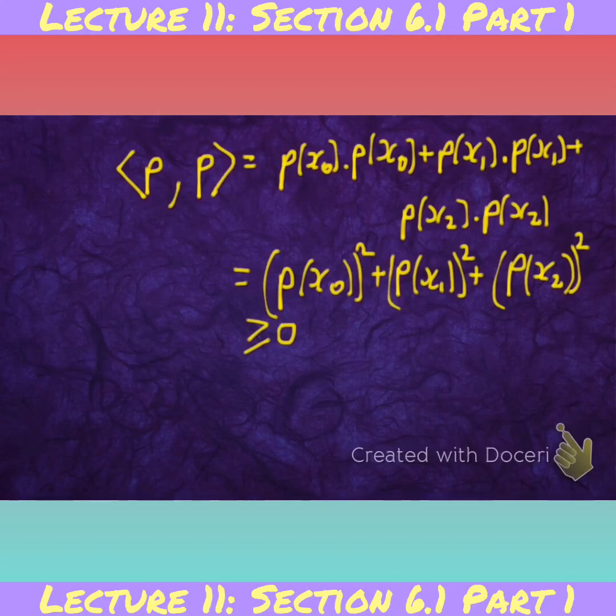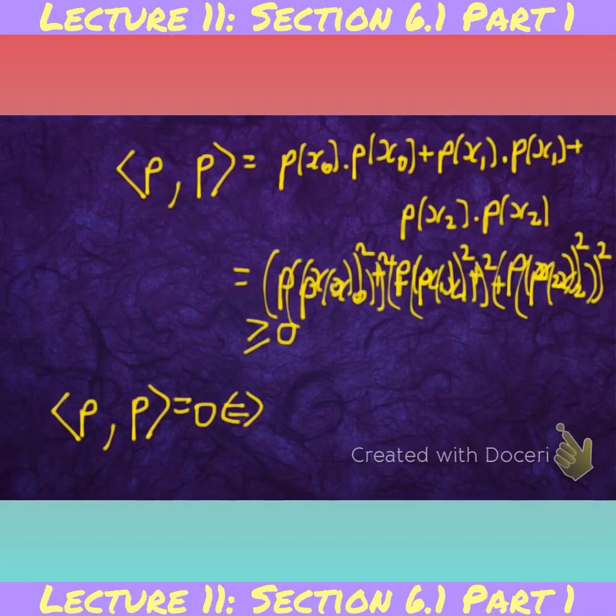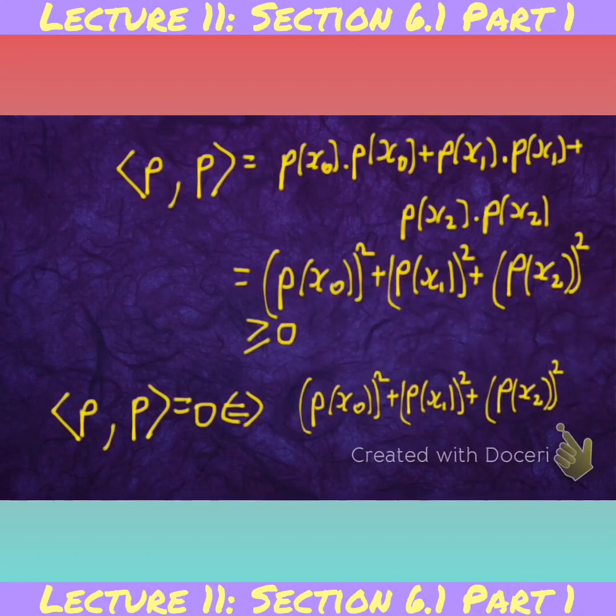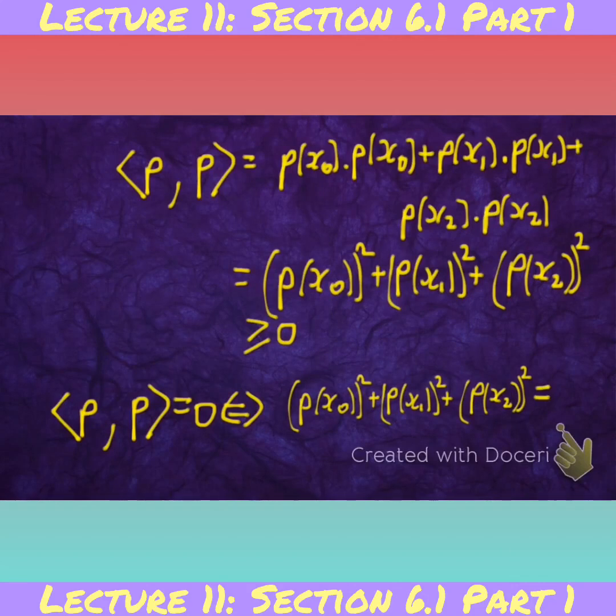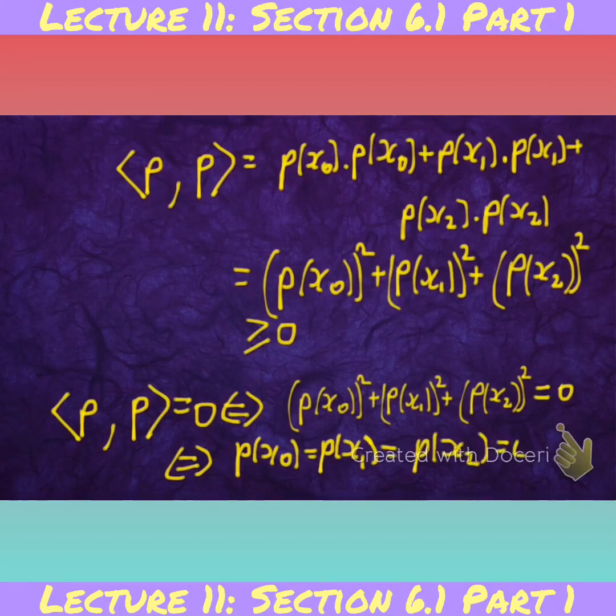Now, for the product of p with itself, this is 0 if and only if this thing that we worked out here, which is that term there, is 0. And that is 0 if and only if p in the point x0 is equal to p in the point x1, is equal to p in the point x2, is equal to 0.